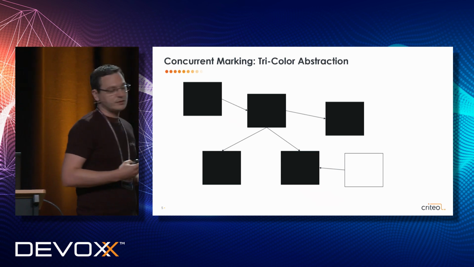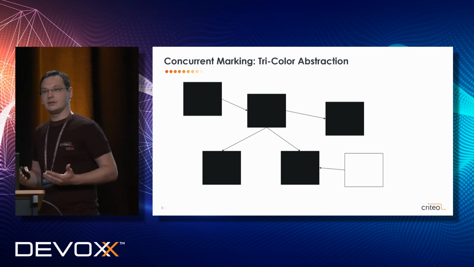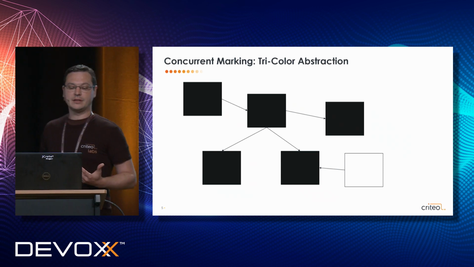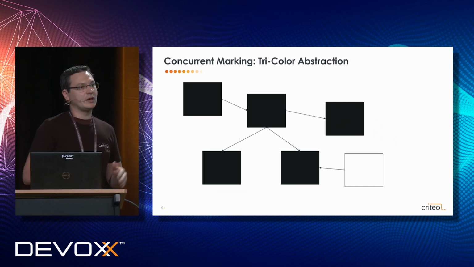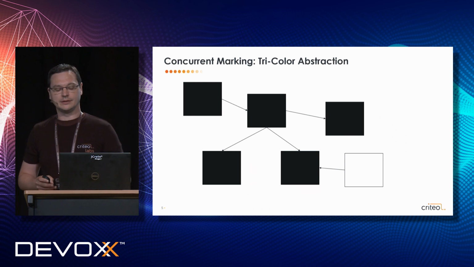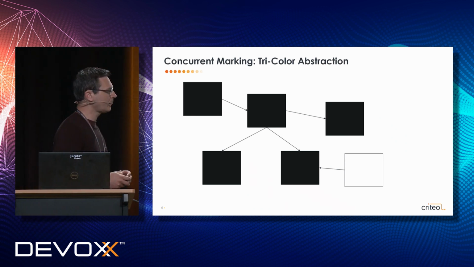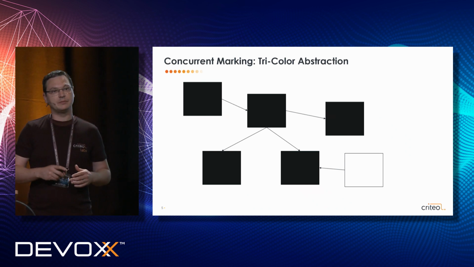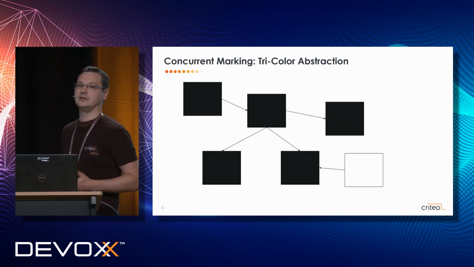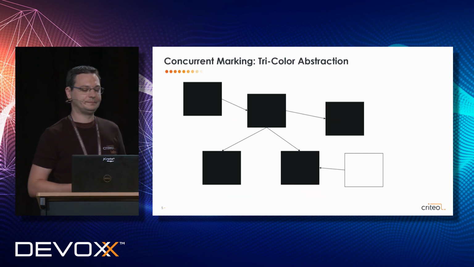So the meaning of those colors is that a black object is a live object and white is garbage. At the end of the algorithm, you have either black or white objects. So this white object is garbage. It's referencing an object, but no object is referencing this one, so this is garbage.